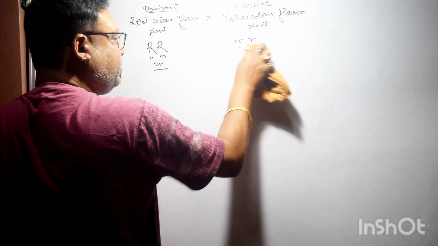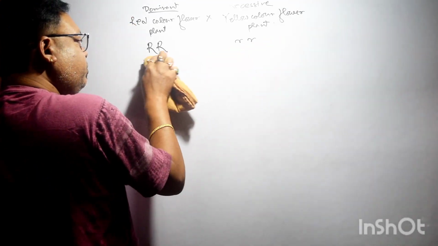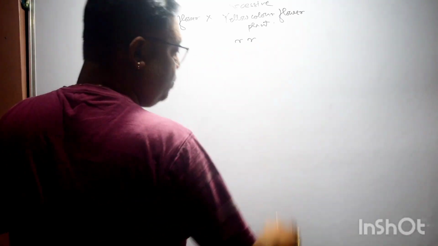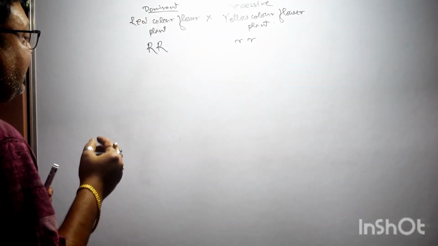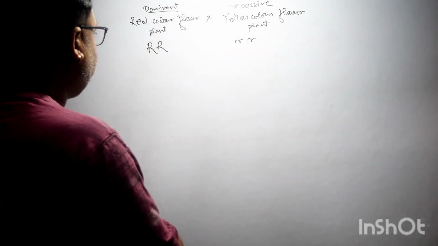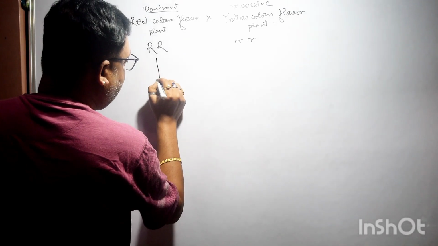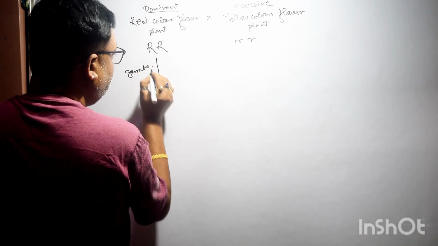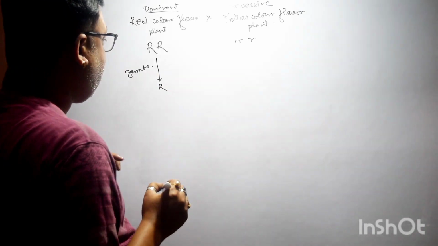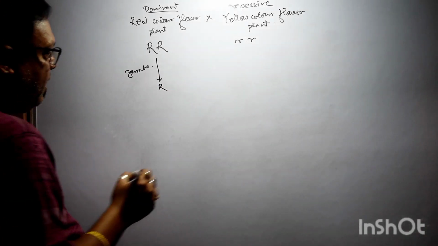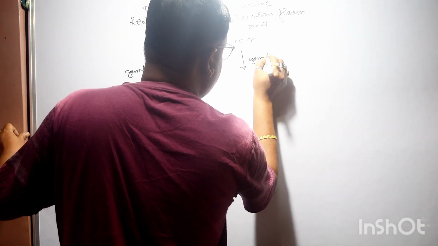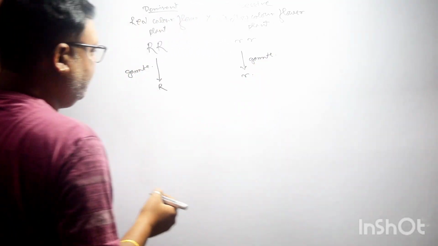Next, the somatic cells contain 2N, and the gamete cell has half of the chromosome number. Gamete of this capital R will be only 1 R or single N, and gamete of this one will be a single r.